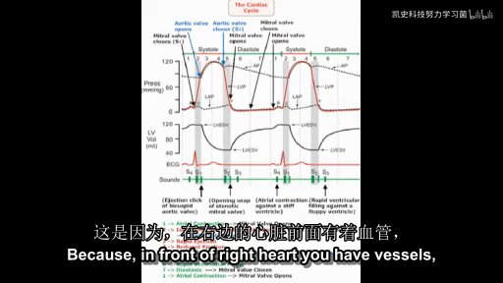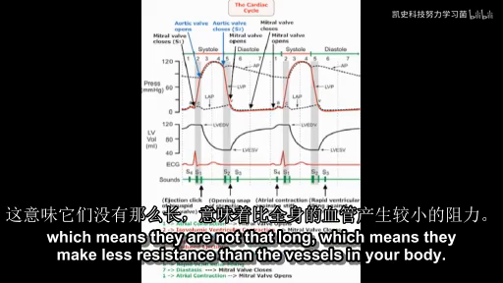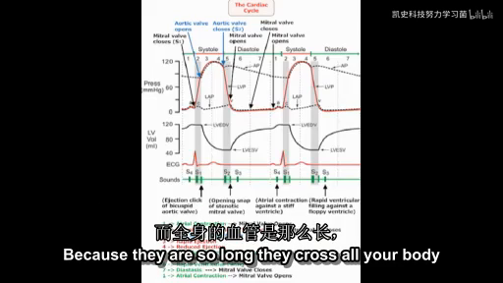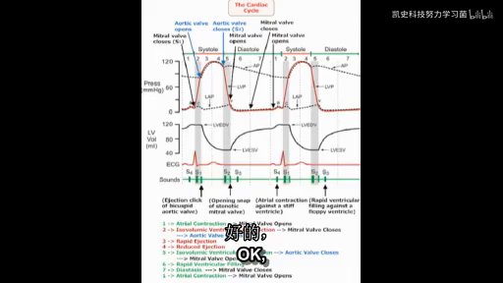In front of the right heart you have vessels which are so small in diameter and not that long, which means they make less resistance than the vessels in your body. Those are so long, they cross all your body, and most of them have a big diameter, so they make a huge resistance in front of the left heart.